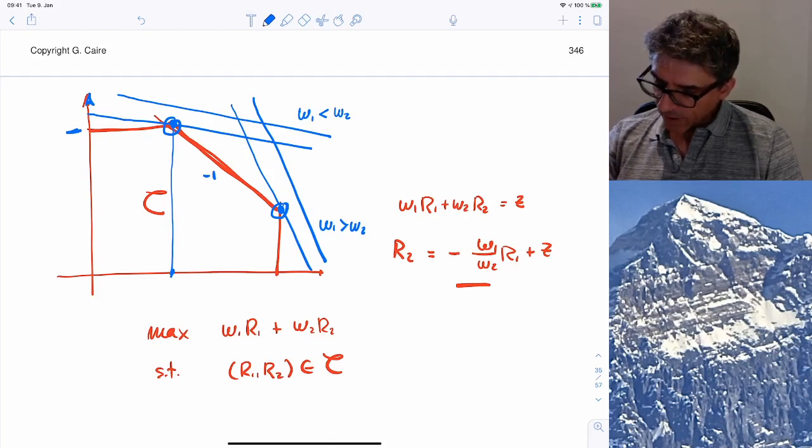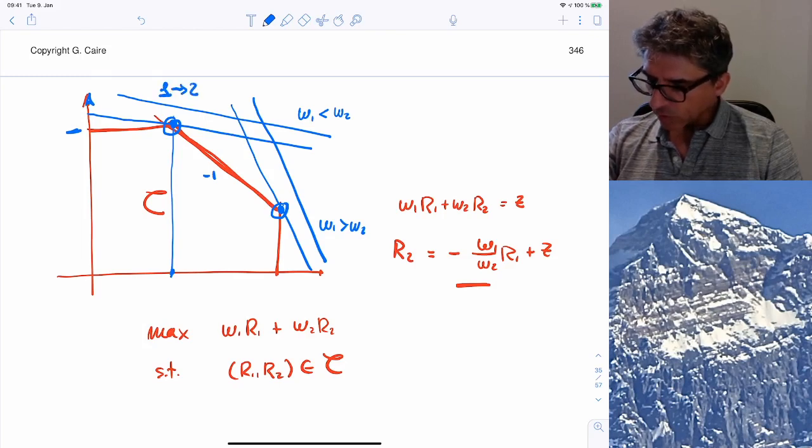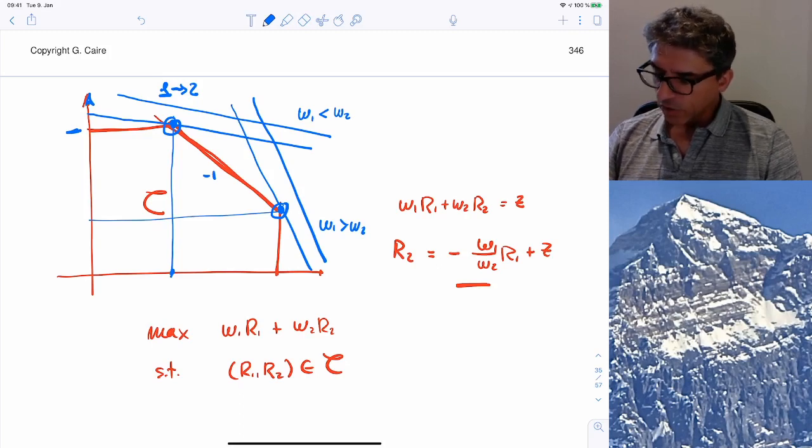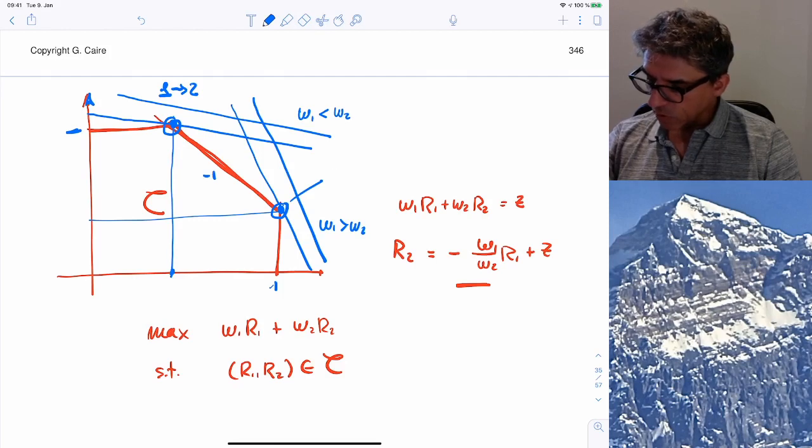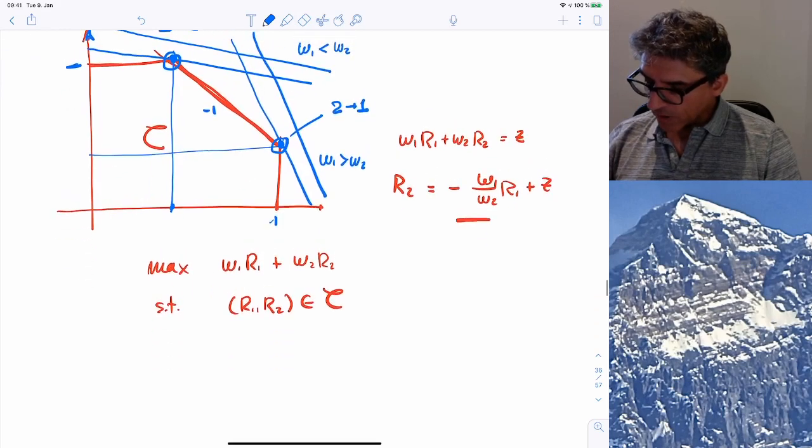So you see that this vertex corresponds to the decoding order 1, 2. And this vertex corresponds to exactly the opposite. You first decode user 2, treating user 1 as noise, and then user 1 at its own capacity level. So this vertex corresponds to the decoding order 2, 1. Okay? So now we see the rule, right?